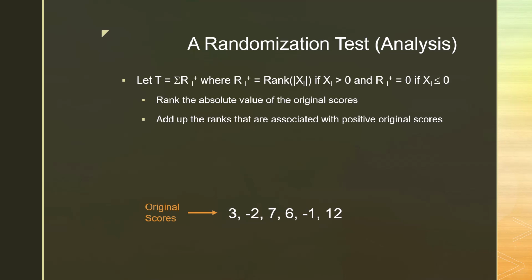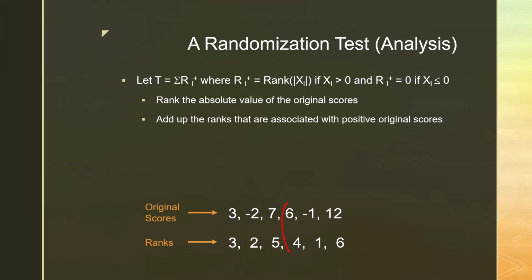First of all, we want to rank these scores ignoring whether they have a plus or minus sign. So when I rank these, the score of -1, ignoring the negative makes it a 1, has a rank of 1. The next highest score is 2. Again, I'm ignoring the negative. The next highest score is 3, so it has a rank of 3.